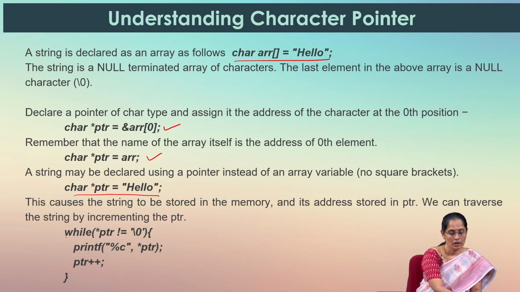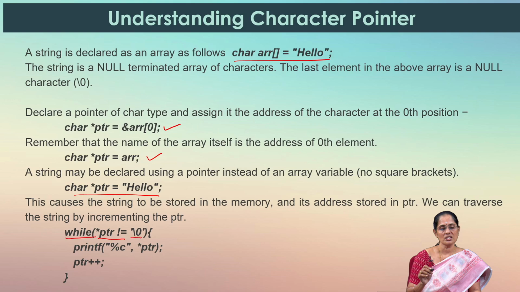What I am doing is using a while loop with *ptr not equal to null. This is the termination condition. Up to the array's null character, we will be able to traverse each character in the array. The only thing is, we have to increment the pointer variable to the next location to get it done in the form of a string, right.